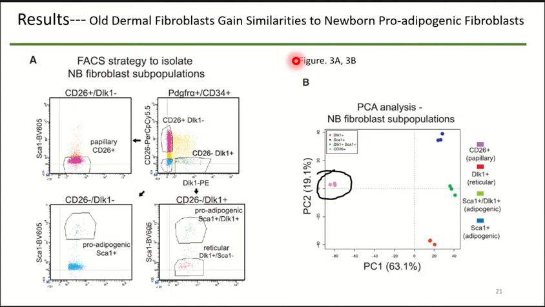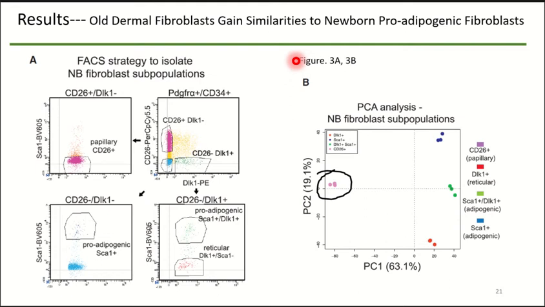We first determined the transcriptome of CD26 positive upper papillary fibroblasts, DLK1 positive reticular fibroblasts, and SCA1 positive DLK1 positive and SCA1 positive DLK1 negative pro-adipogenic fibroblasts, which were isolated from the dermis of 2-day-old newborn mice.